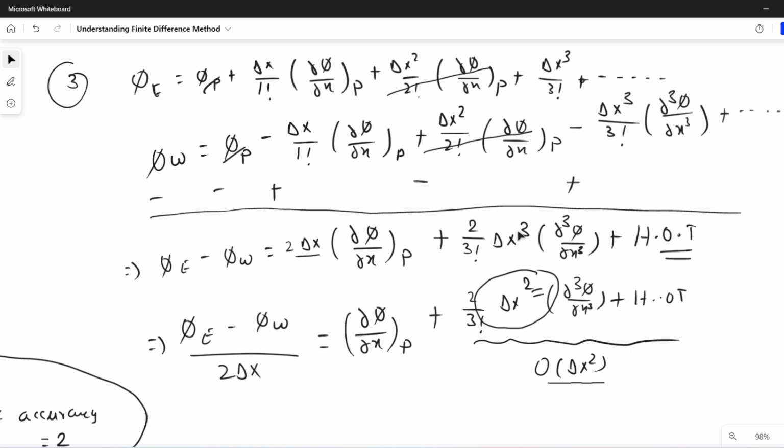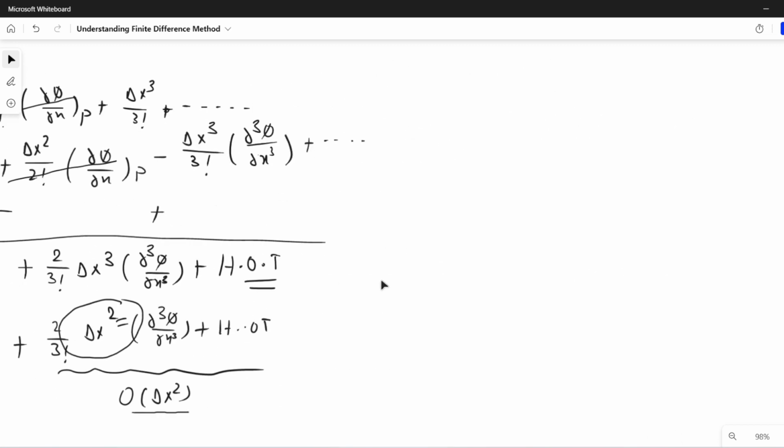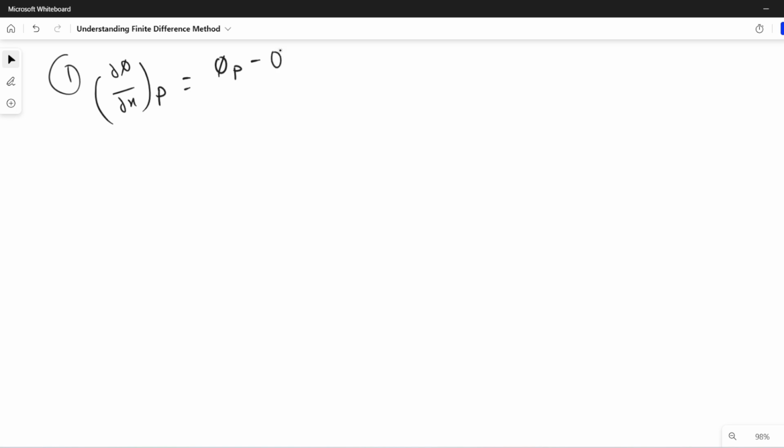Now we have got 3 different ways to calculate the value of dou phi upon dou x. The first one was dou phi upon dou x at point P calculated as phi e minus phi p divided by delta x.